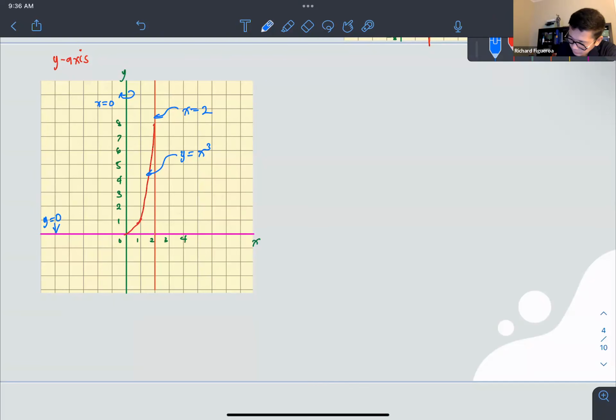So ngayon, magpo-point of symmetry tayo or line of symmetry dito, no? So this is how it will look like. Okay, so kung iikot natin siya sa y-axis, so ngayon, kung nagamit ako ng strip, ang gagamitin ko would be the horizontal strip. So this one will become dy.